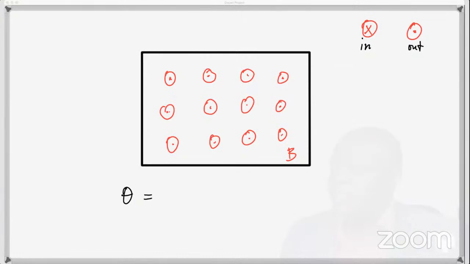You have two vectors pointing in the same direction. What is the angle between them? There's no angle. The angle is 0. If two vectors point in the same direction, the angle is 0. If two vectors point in opposite directions, the angle would be 180 degrees.